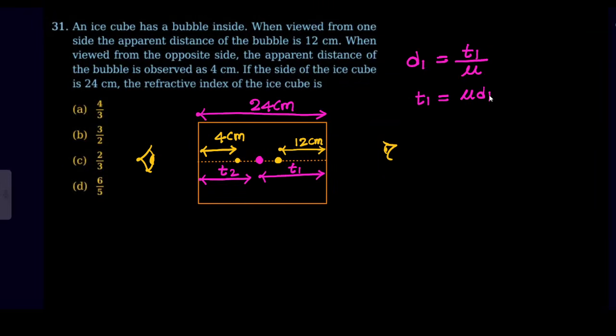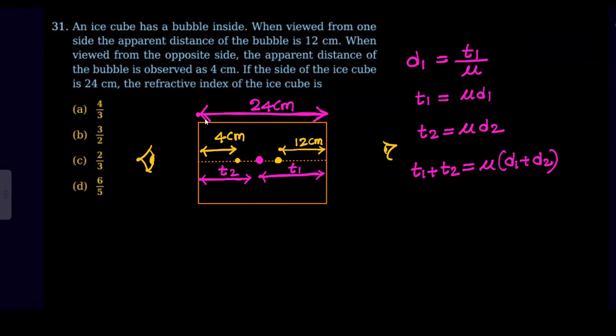Similarly, T2 is equal to mu into D2. If I add these two, T1 plus T2, then it comes to mu into D1 plus D2. And you see, this is T1, this is T2, which is nothing but the total side only.